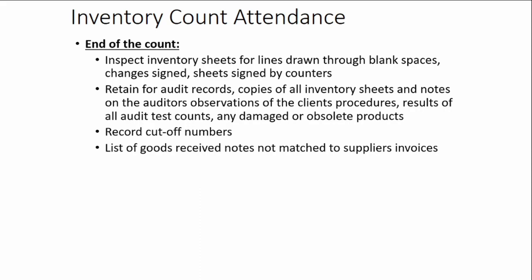That is called the cutoff number, right? The invoice number that is the last one received for the year. So we would use those cutoff numbers to test that there are no items included in the account balance that have an invoice number or a date that is after the year end. So this is what I'm talking about, getting a list of those cutoff numbers.